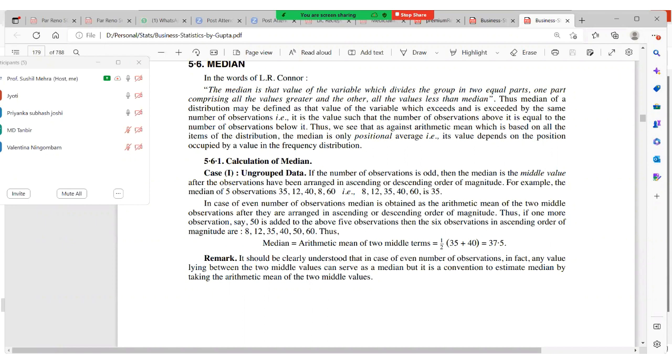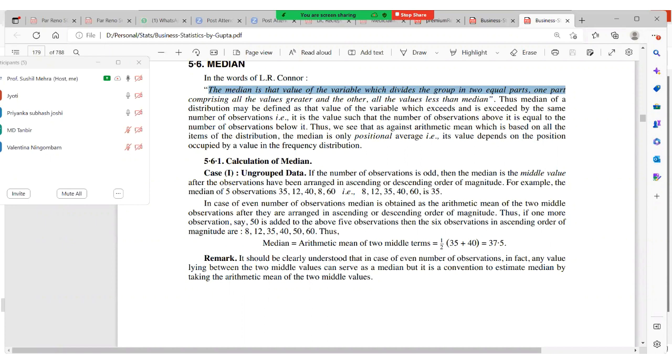Now, the next one is the median, right? What is a median? Mean, you all know what the mean is. I guess it is all clear. The next one is the median. Median is a middle value, that's it. The median is the value of the variable which divides a group into two equal parts.